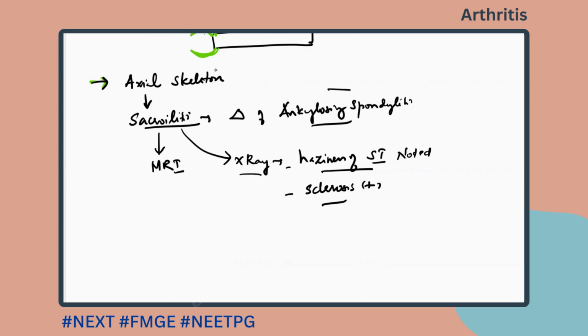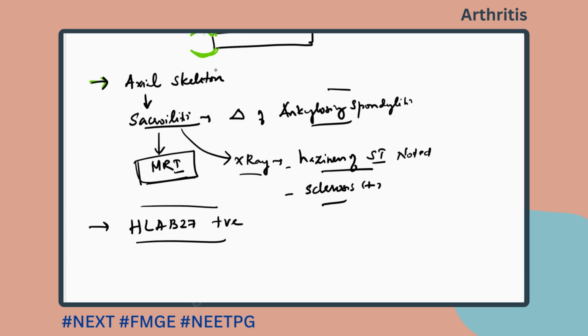So based on X-ray and MRI you can diagnose, but MRI is the most reliable investigation to diagnose sacroiliitis at the earliest. These patients will have HLA-B27 positive.